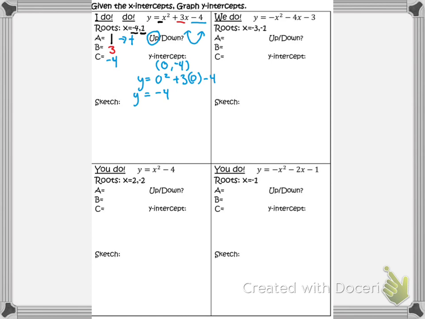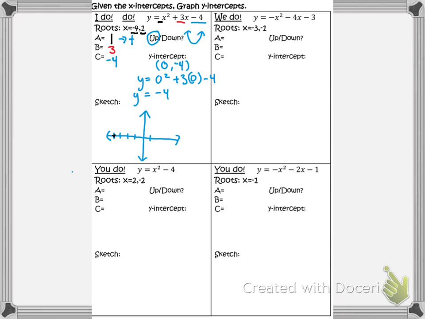Alright, so we have all the necessary pieces to quickly sketch this graph. Let's go ahead and do a quick sketch right here. So let's start off with the roots. The roots were at negative 4, so 1, 2, 3, 4. Then positive 1 right here. So that means our two roots are going to be right here and here.